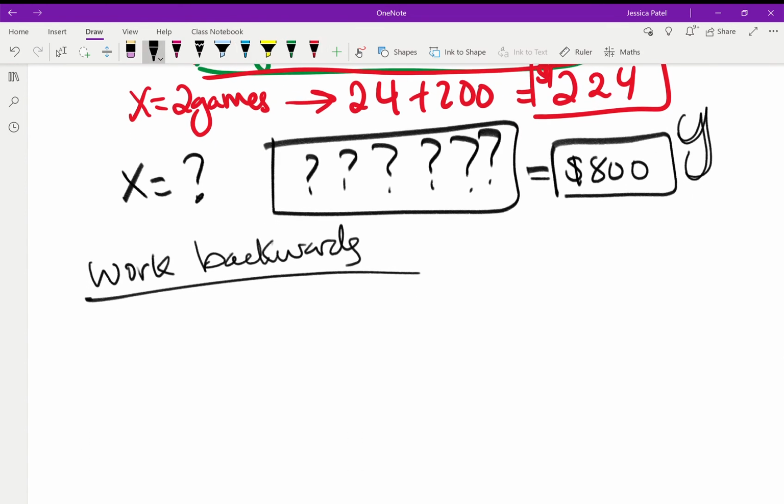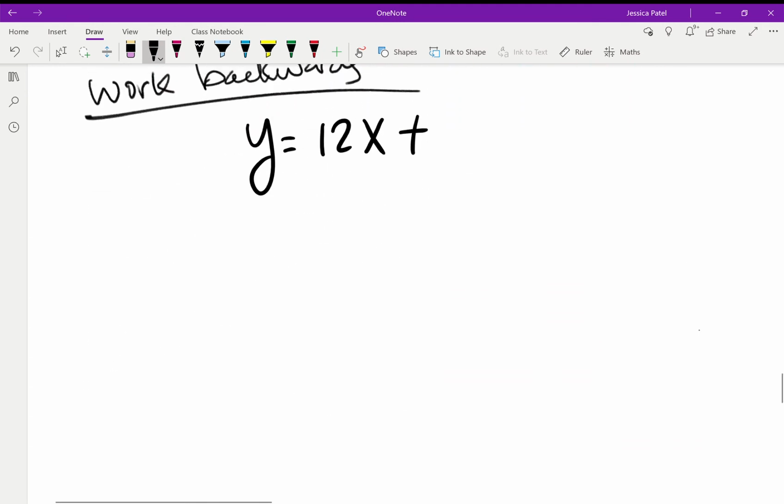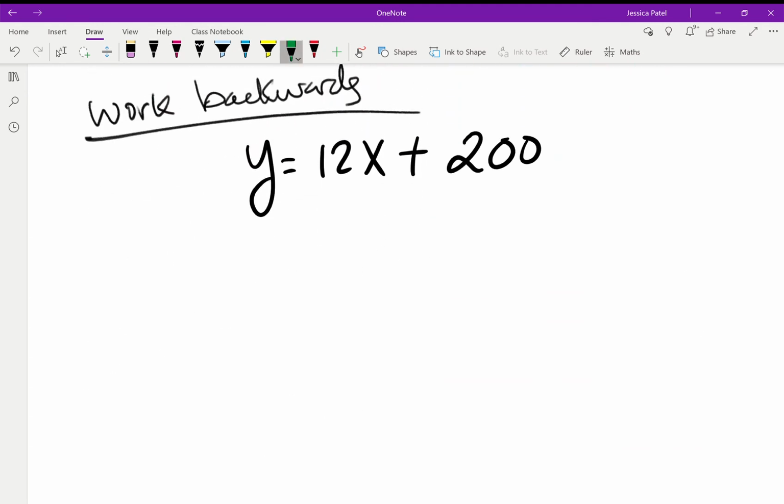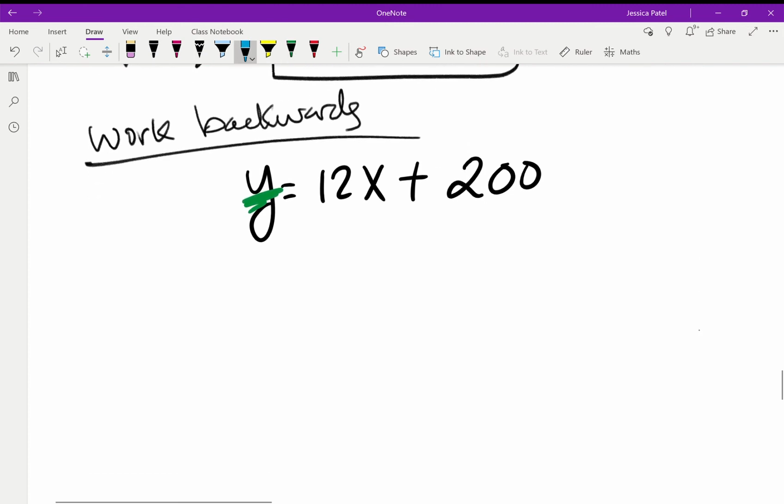Your step 1 is to just write down your equation again. So Y equals 12x plus, what was it, 200. I gave you a Y, and I gave you 800, and I want you to find X. So X is the guy you need to solve. X is the one we want, and that means he needs to stand alone on one side of the equation.